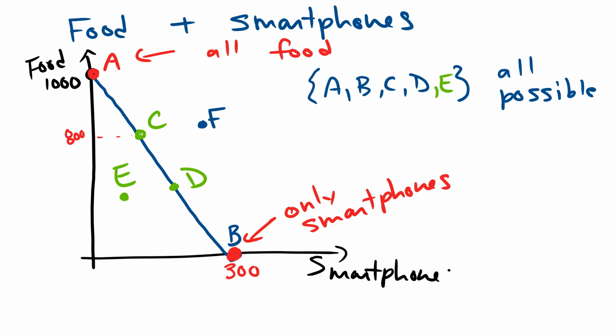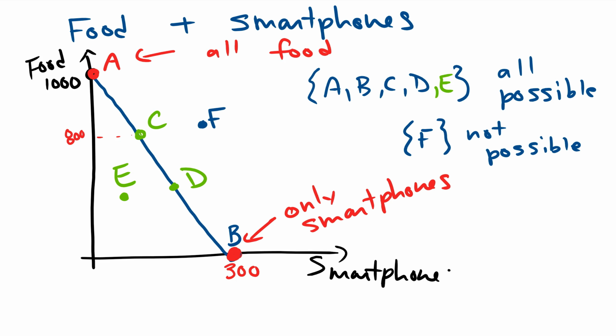No. A point like F is not possible because it's outside of our opportunity set, right? With our given technology, we can't produce that much food and that many smartphones at the same time. It's just not possible.